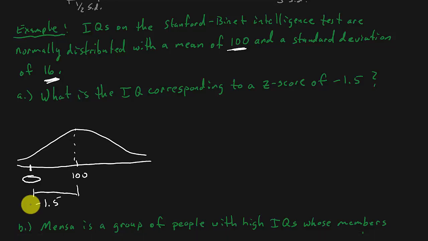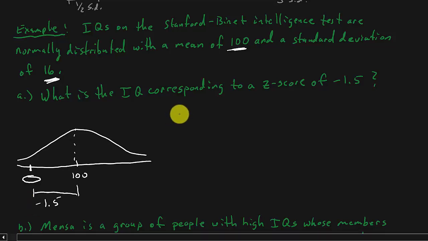So what I want to know is, when I take the data item minus the mean divided by the standard deviation, that equals z, right?